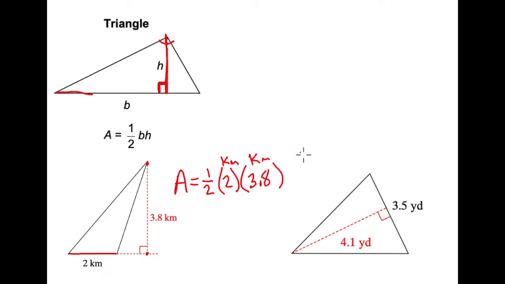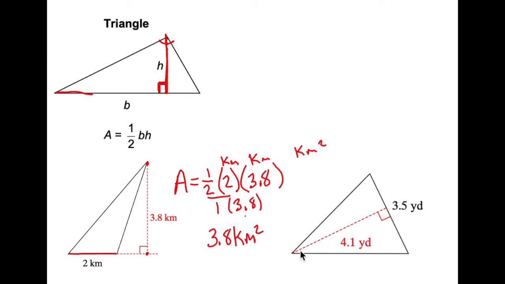So when we multiply that, that's going to give us a kilometer squared situation. Half of 2 is 1. When we multiply 1 and 3.8, that gives us 3 and 8/10 kilometers squared for our area of that triangle.